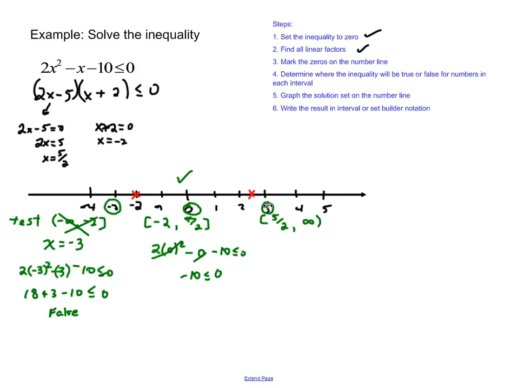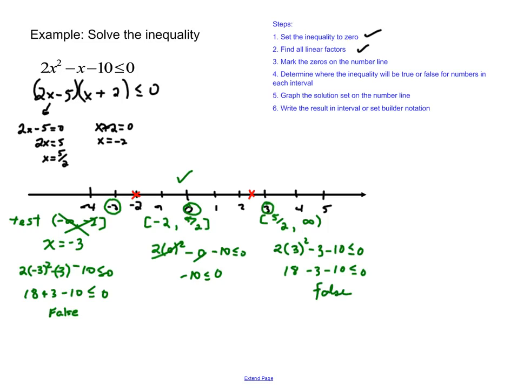If we picked x equals 3, would that work? Well, if it works, then 2 times 3 squared minus 3 minus 10 would be less than or equal to 0. But of course, we know that's not true because 18, 2 times 9, minus 3 minus 10 is still a positive number, right? So that's false, and that's not part of our solution set.